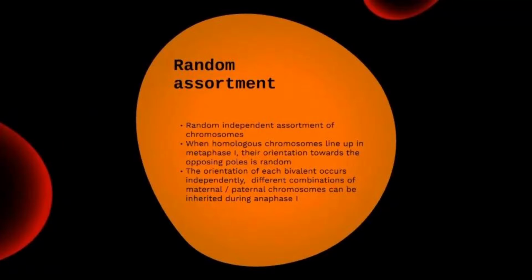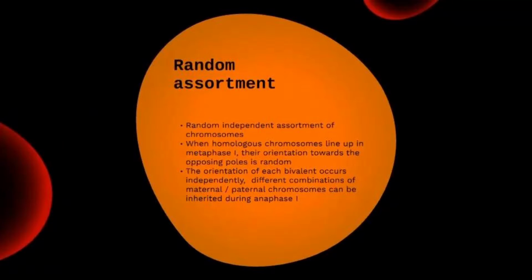To make that a bit more simple, I'm going to go back to this 1A and 1B. Normally in metaphase during mitosis you'd have 1A and 1B, and you would get one copy of 1A and 1B to each of the two daughter cells. What happens during meiosis, during metaphase 1 / anaphase 1, is that you'll get one bivalent, made up of the sister chromatids.